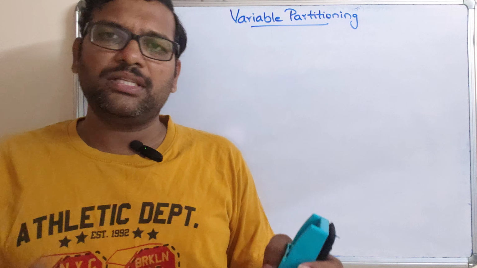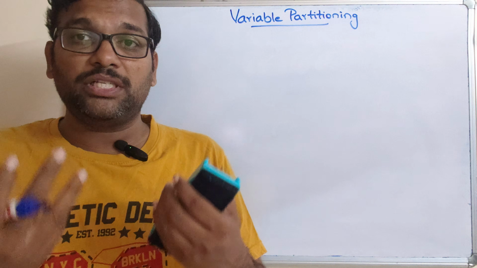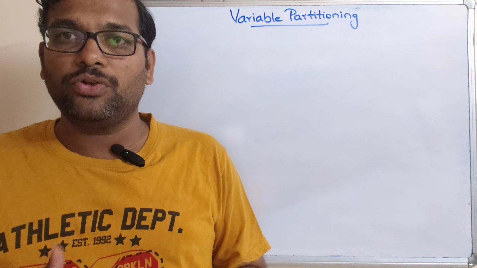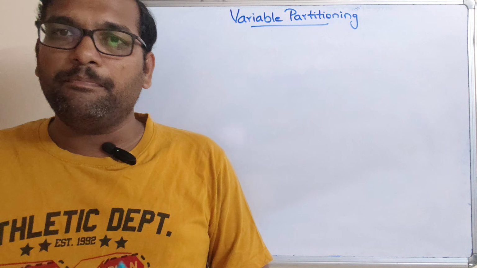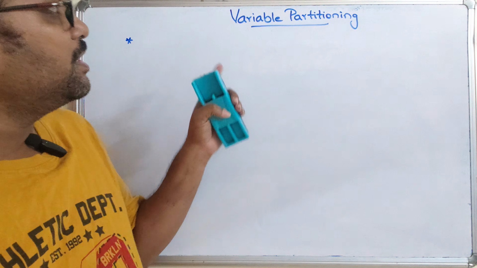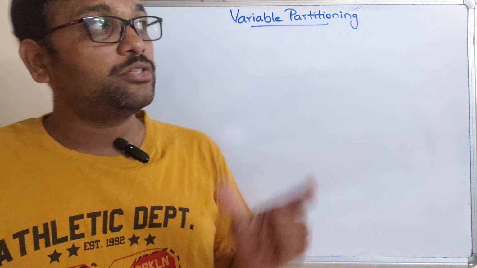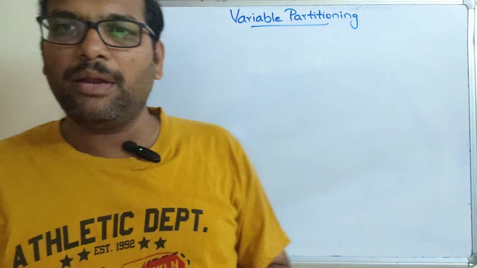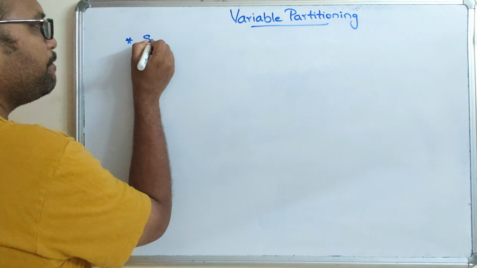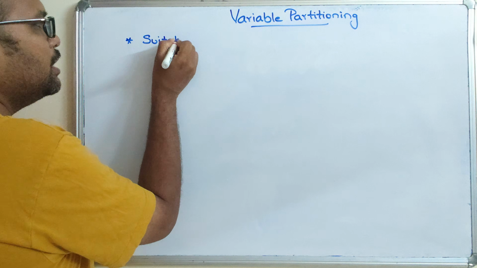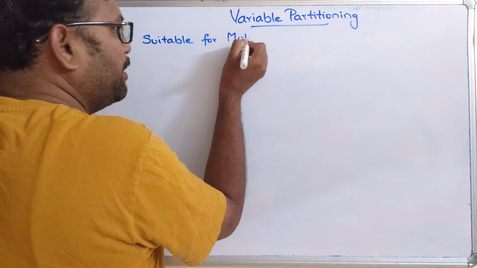After one process, another process will come. But coming to multiprogramming, multiple processes will be waiting for the CPU. Multiple processes can be loaded into our main memory, so then we'll have a problem: where and how much memory should be allocated. For that we are using variable partitioning. So this is suitable for multiprogramming.